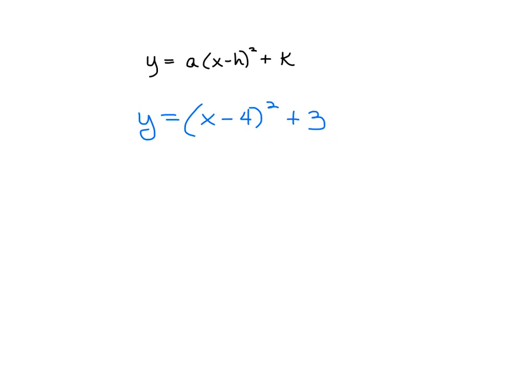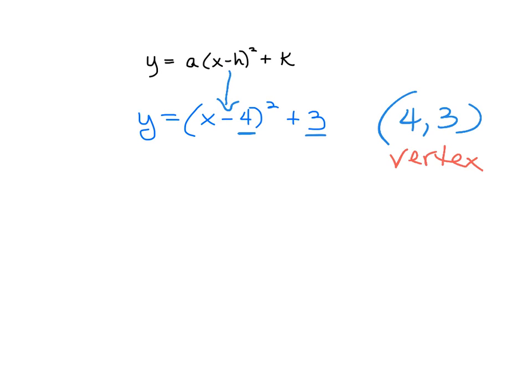This is in vertex form. Can anybody tell me what my vertex is? 4, 3. Beautiful. And remember, the subtraction sign is part of the formula. So if it's a plus sign, then what went in there was a negative. It's just backwards, just like the shifting rules. So my vertex occurs at 4, 3.